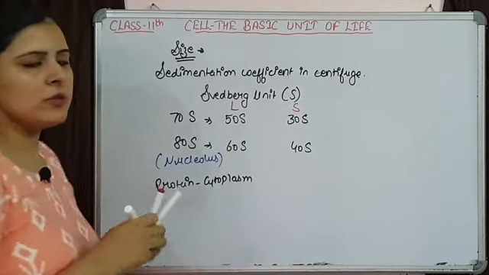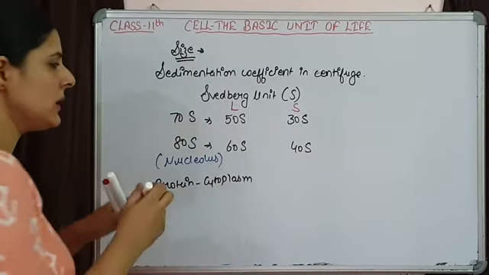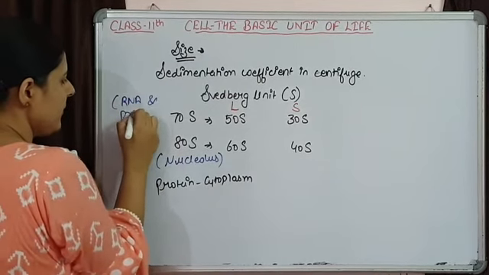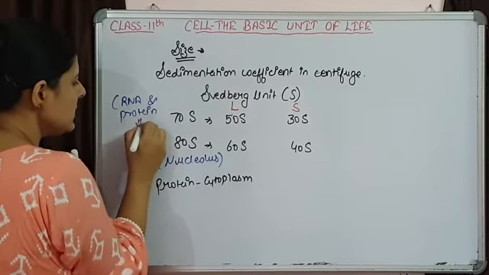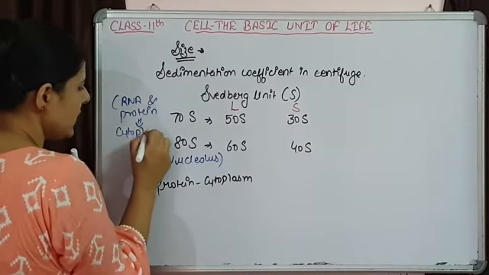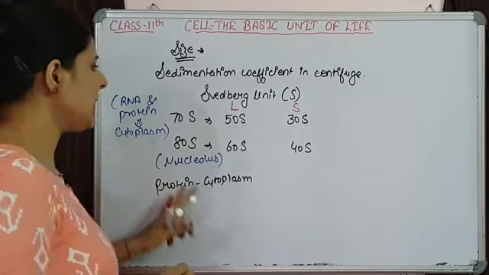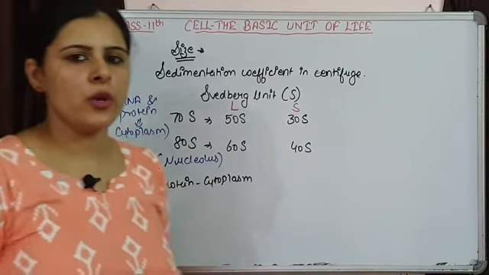While if we talk about the 70S, both RNA as well as protein are going to form in the cytoplasm of the prokaryotic cell. दोनों एक ही प्लेटफॉर्म पे बनते हैं, that is the cytoplasm of the prokaryotic cell.